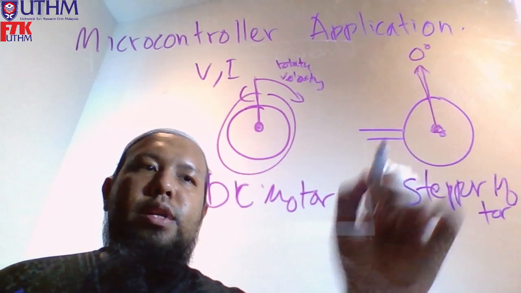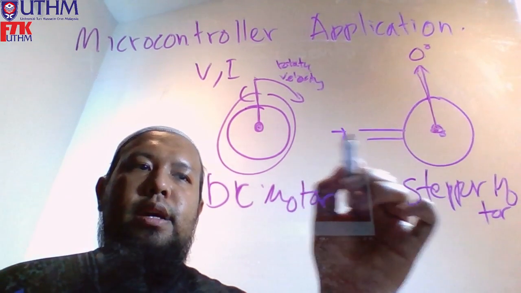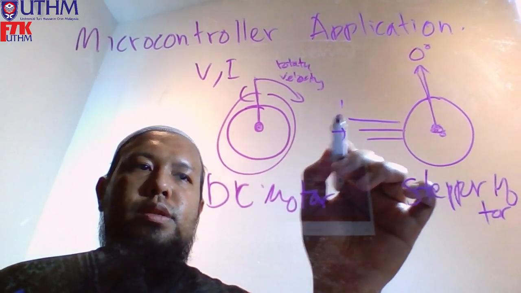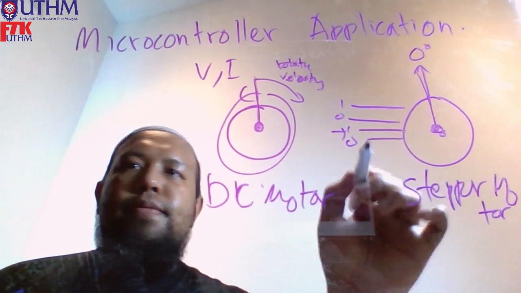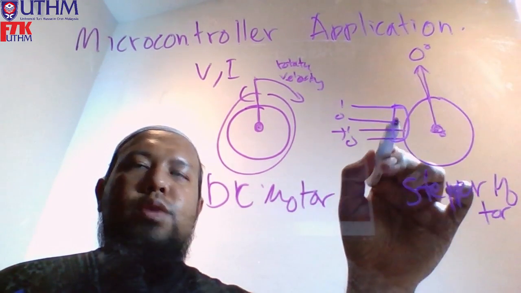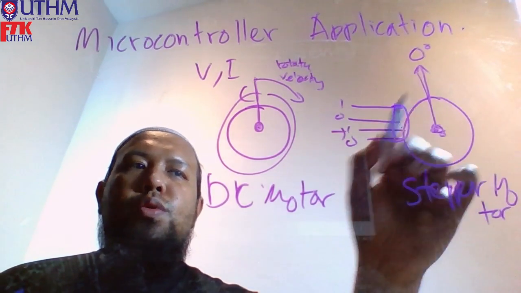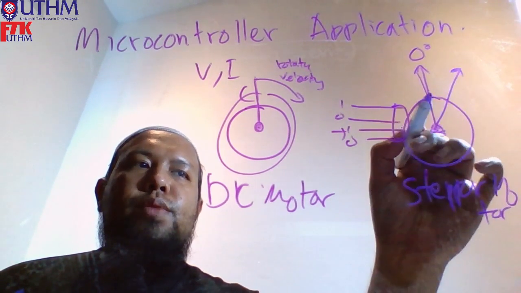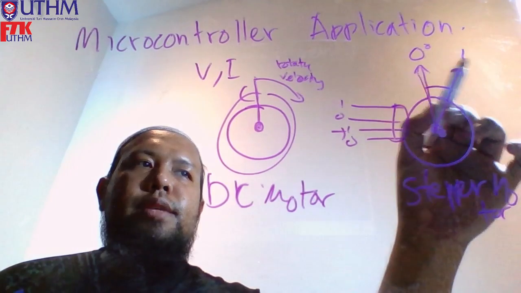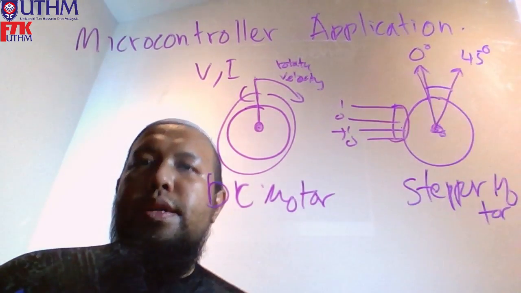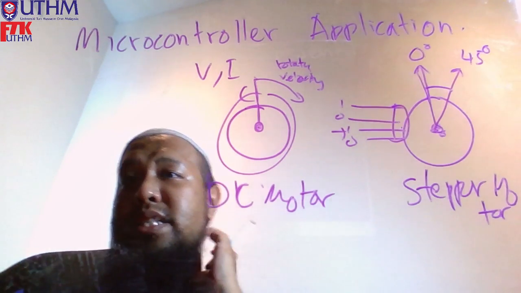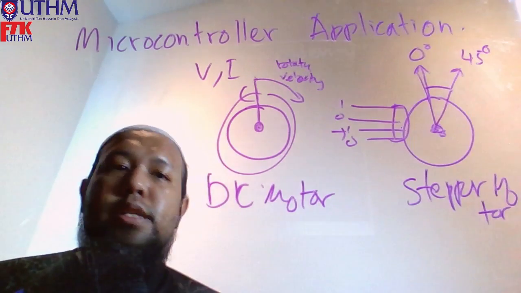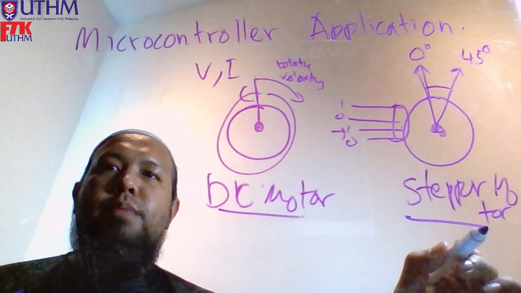Basically, in your microcontroller you can feed out your information, for example 1010. Okay, and then there's a decoder here, and the stepper motor will turn to the position that you desire. So for example, here is 45 degrees. So that is the distinct difference between a DC motor and a stepper motor.